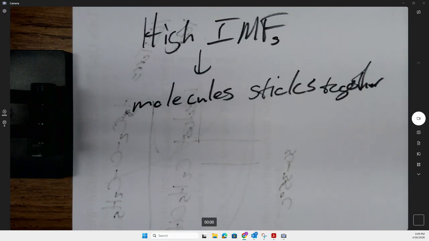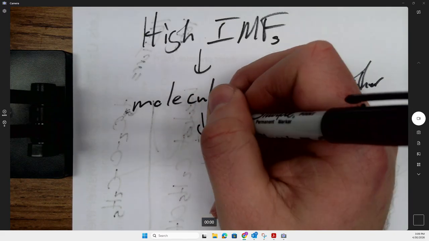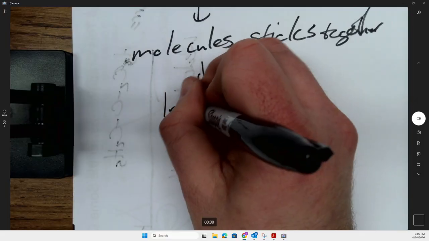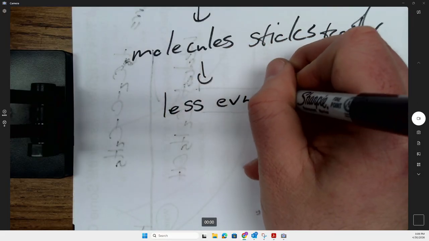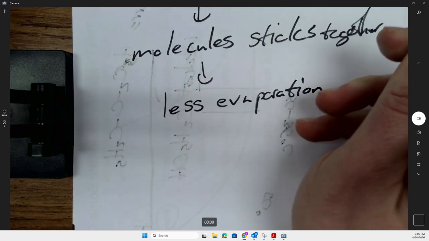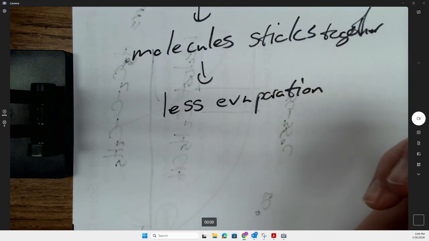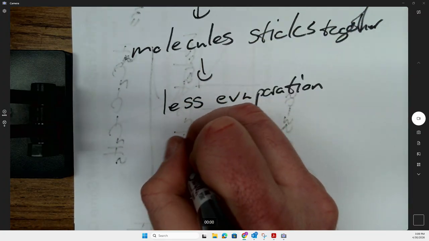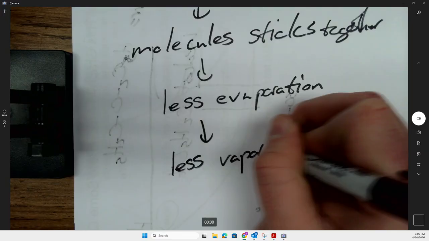If they're sticking close to each other, that means that there's less evaporation that's happening. Less evaporation, that means I have less vapor pressure.